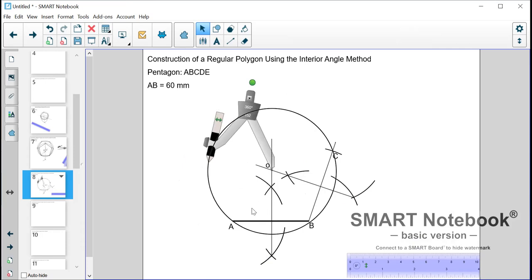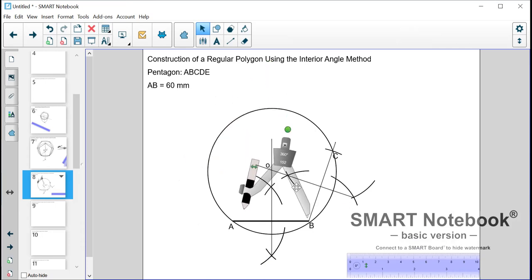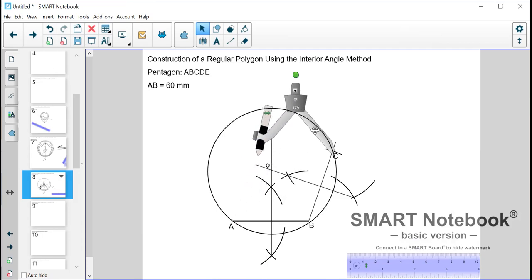Seeing that we already have A, B, and C, all we need to do now is find D and E. By using the length of AB, we find those other points.